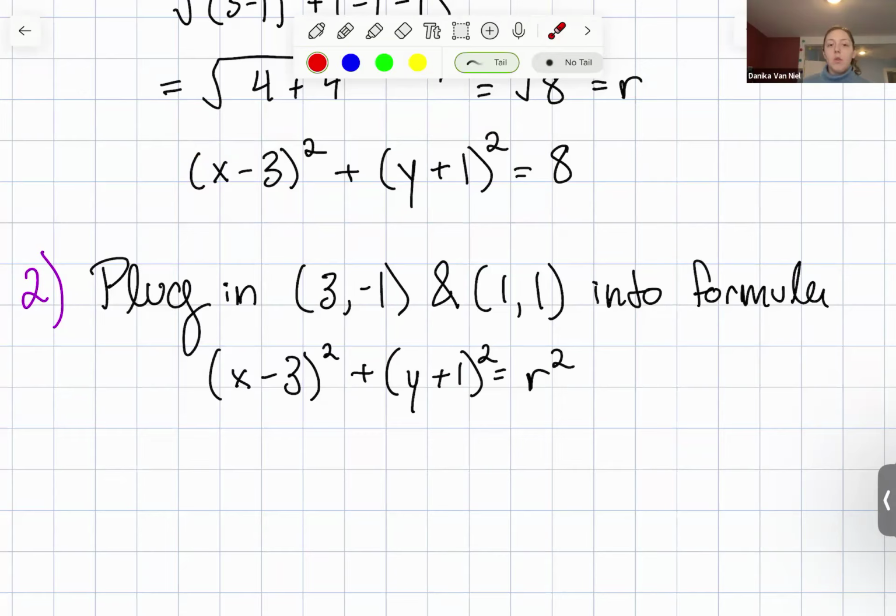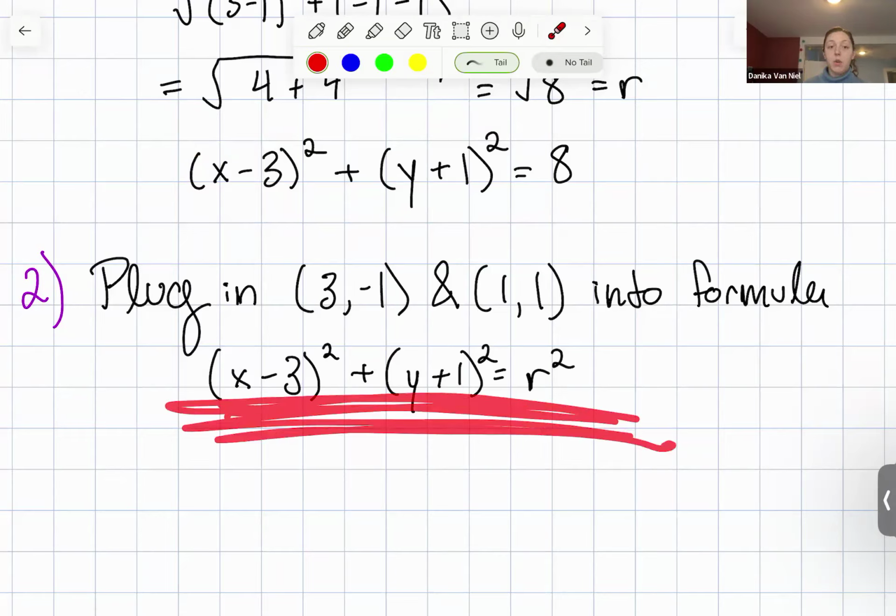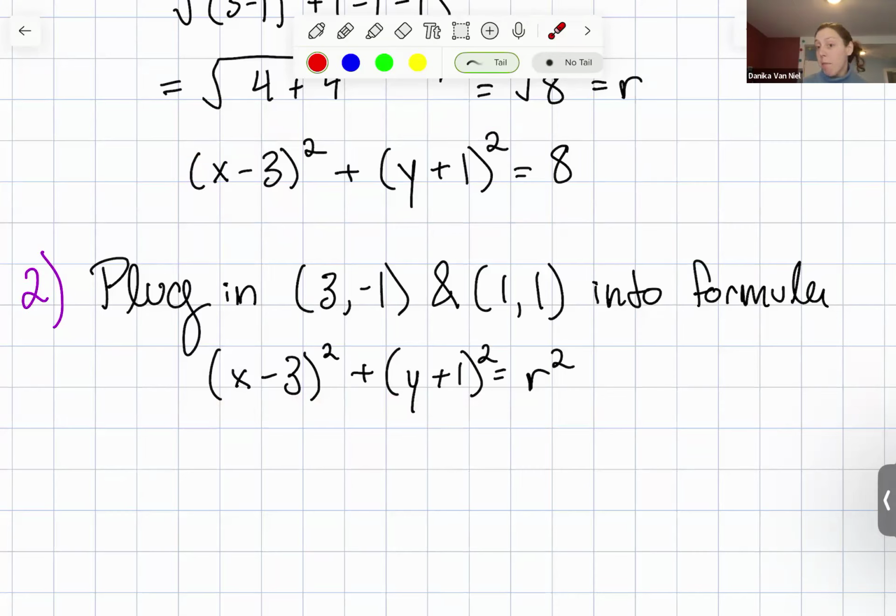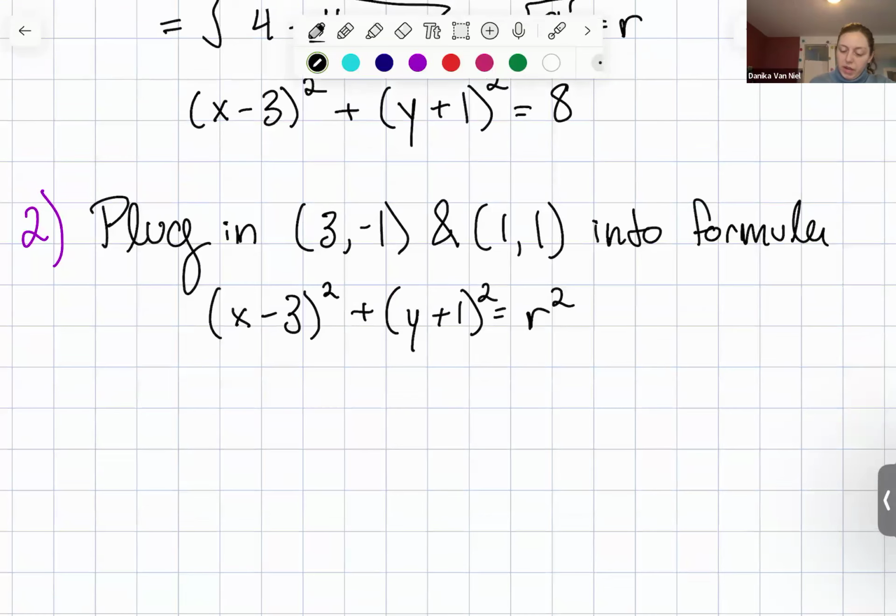So with this part here, what we can do is just plug in a point on our circle, because that's what x and y stand for. They stand for the points that are on our circle. Okay. So is it really 1, 1? Yeah, okay. I was like, did I just make one of them positive without meaning to? Okay. So I'm going to plug in 1, 1.